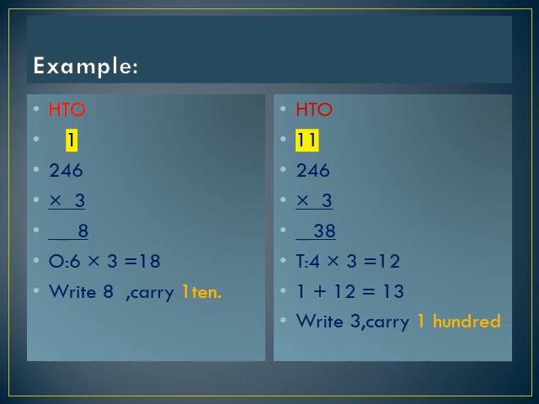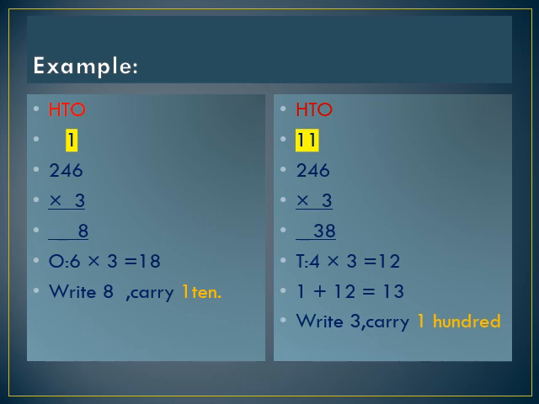Look at the example. 246 multiplied by 3. Here, first you will multiply the ones by 3. That is 6 into 3 is equal to 18. Write 8 under ones and carry 1 ten.